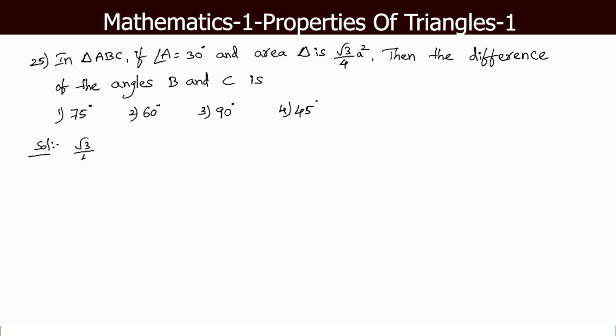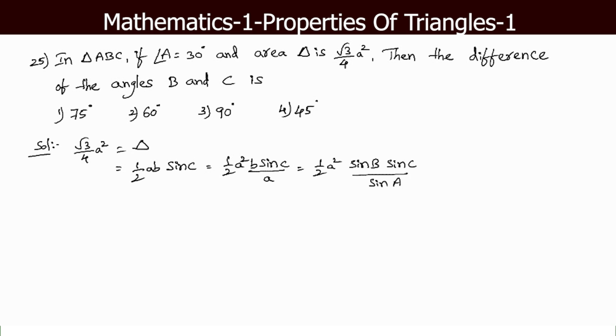Now, you know that root 3 by 4 a² is equal to Δ, but Δ is equal to half ab sin C. So, you can write that as half a² b sin C by a, multiplying numerator and denominator with a. That is half a² times b, which you can write as 2R sin B, so sin B sin C by sin A. Therefore, root 3 by 4, a² will cancel.